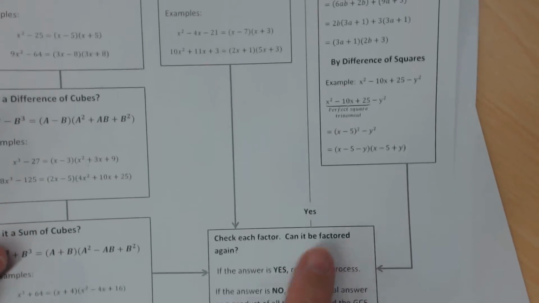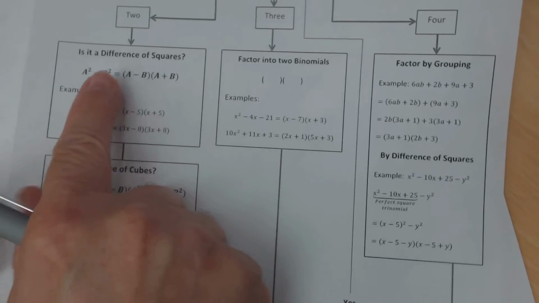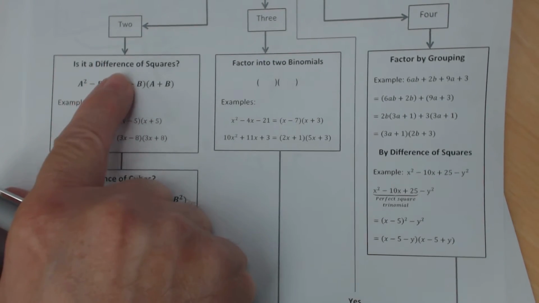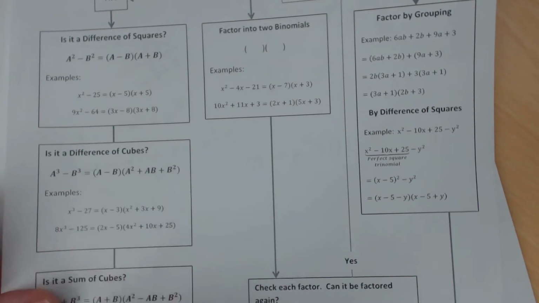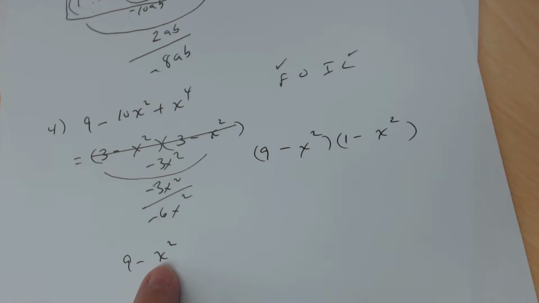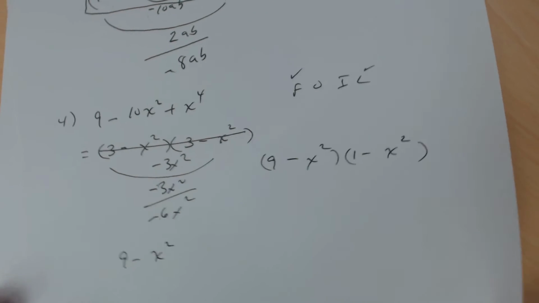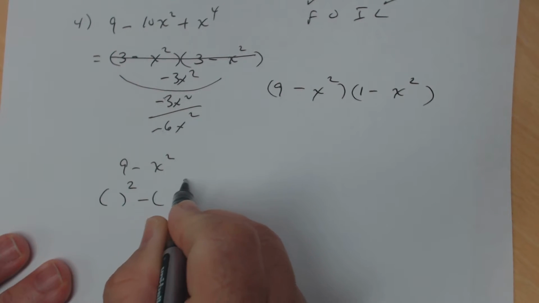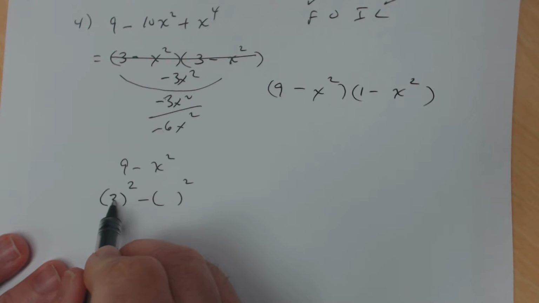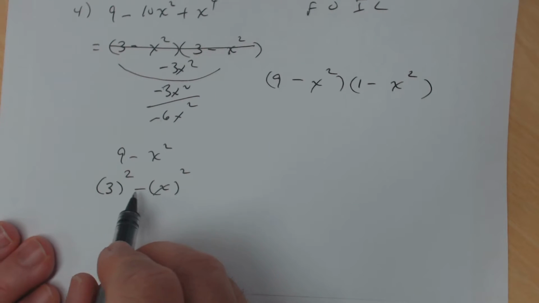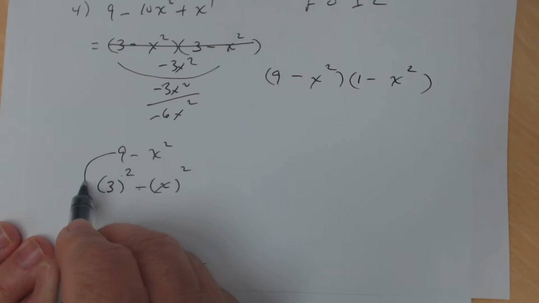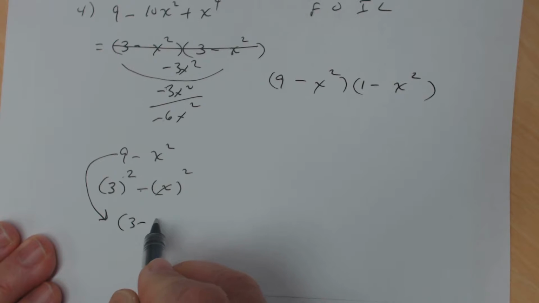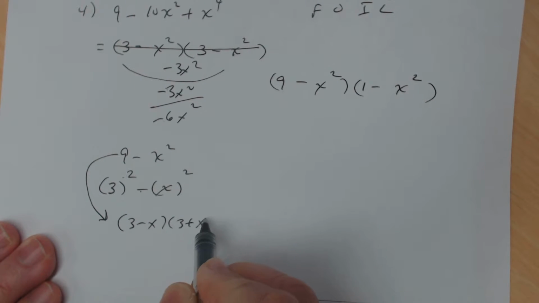Remember it says repeat the process. 9 minus x squared is 2 terms, so check and see if it's the difference of 2 squares or the difference of 2 cubes. Well, it turns out that this is the difference of 2 squares. So I can fill in the parentheses: this becomes a 3, this becomes an x, and so this becomes 3 minus x times 3 plus x.